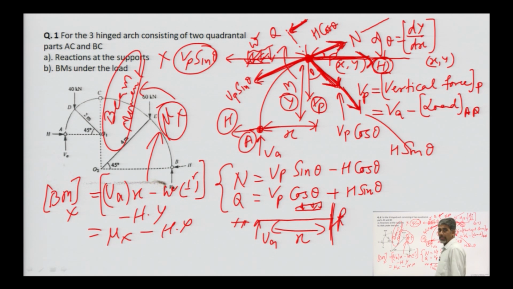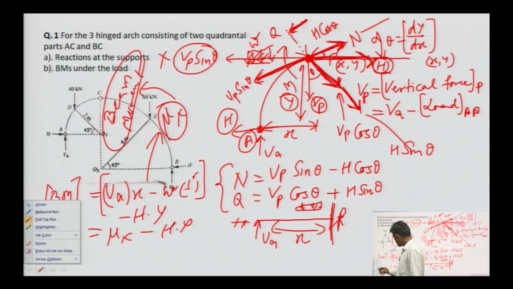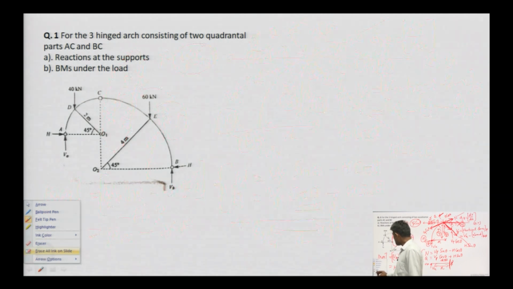So, these are the analysis steps that we will be doing in solving the questions, means finding the member forces. After calculating the bending moment at the section, the next step will be to plot the bending moment diagram. So, let us solve this question.